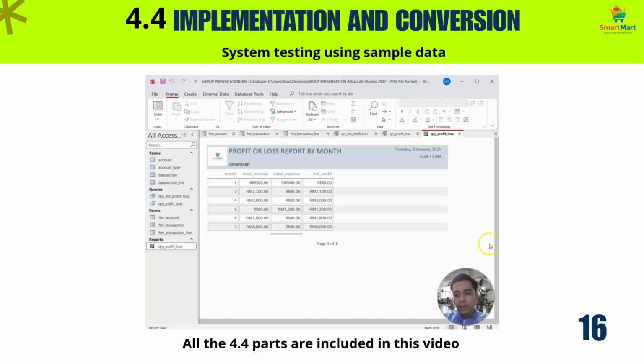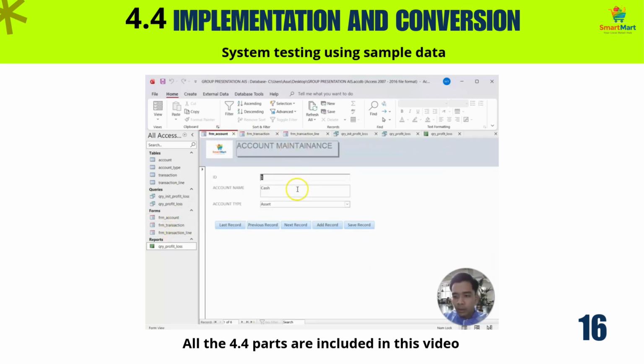So I will now add a new transaction using the data entry form to demonstrate how the system works in real life.